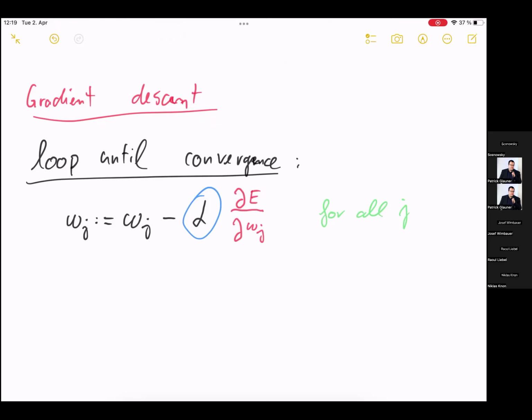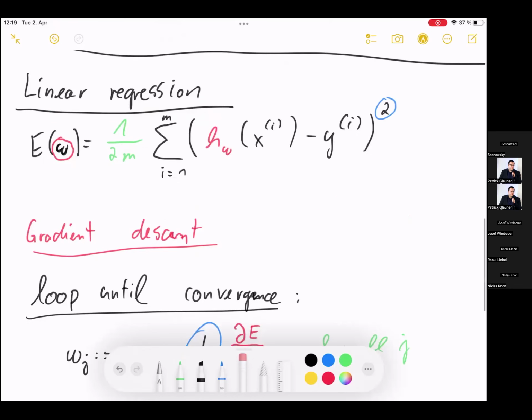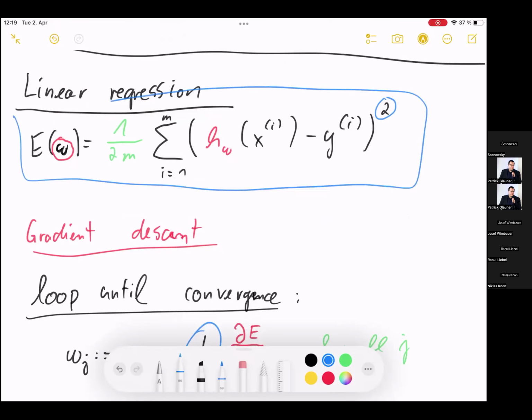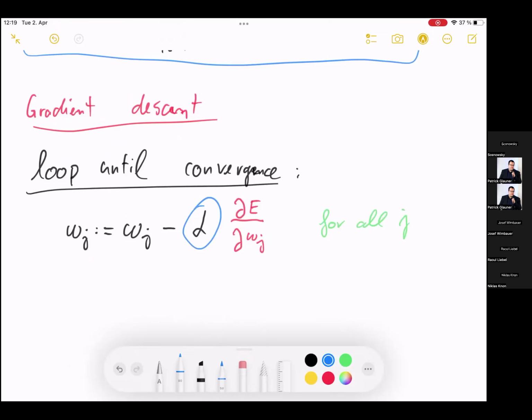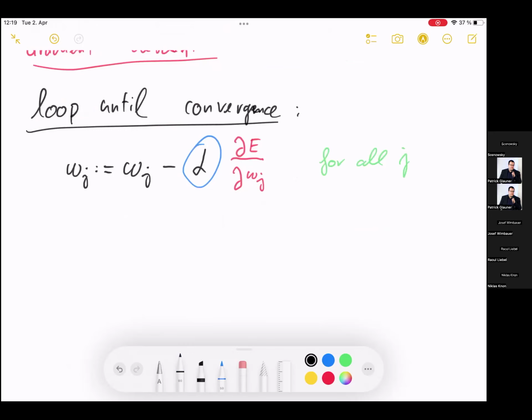For my gradient descent, I need something more concrete now, because for gradient descent, I have this error function here. I'm just highlighting this again, this error function, and what I need is a partial derivative of that error function along my weight. Concretely, I will not derive this now, because how to derive this is something you would learn in a machine learning course, but I'll just write it out.